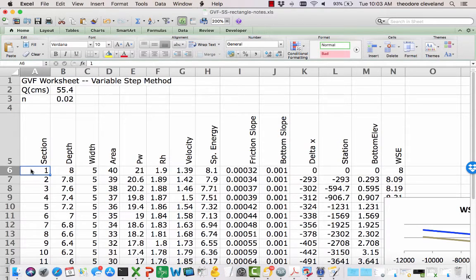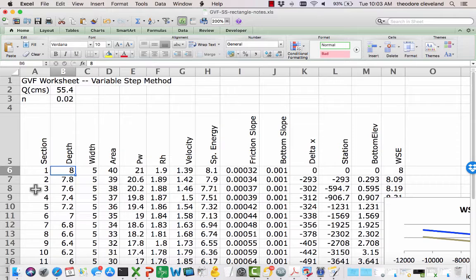So here's the rectangular one. I've done it in a 5-meter wide channel, but otherwise it's the same problem as in the notes. Here's section 1, which is the known section, and I want you to keep your eyes up here as I flip through the cells.